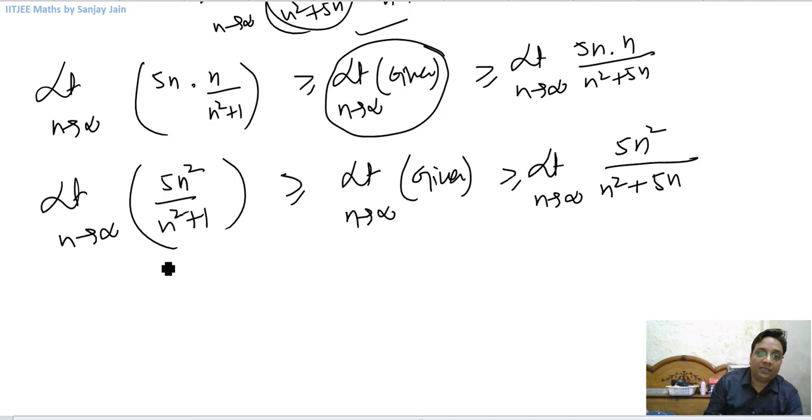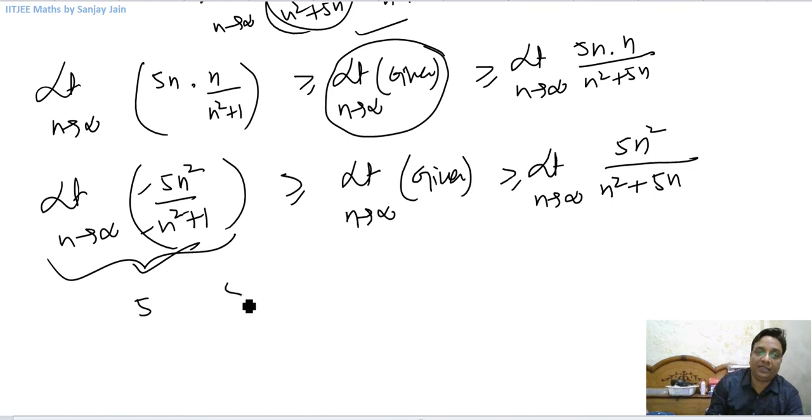Now you can calculate this limit by two methods. One, you can divide denominator and numerator by n square. So numerator will become 5, denominator will become 1 plus 1 by n square, and 1 by n square will become 0, so this limit is equal to 5.